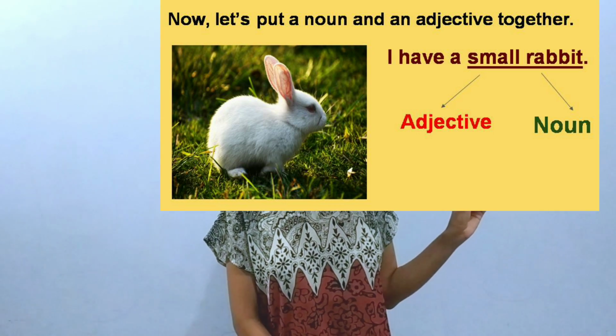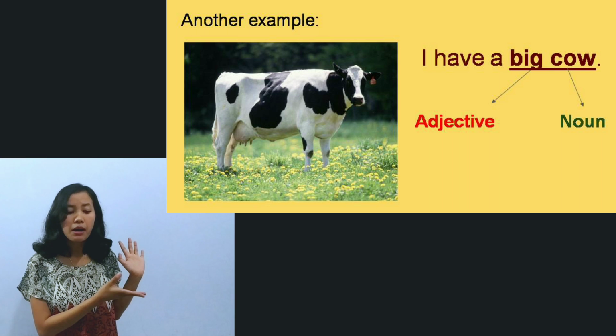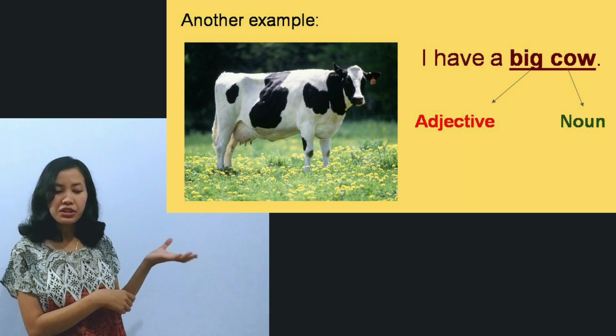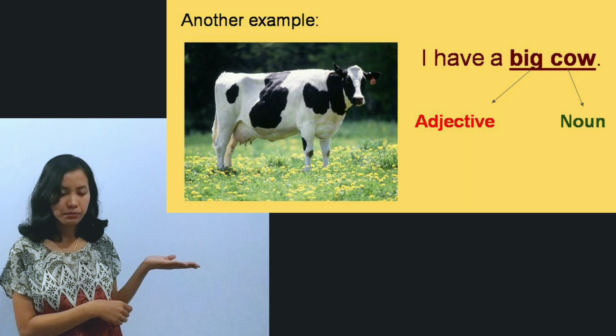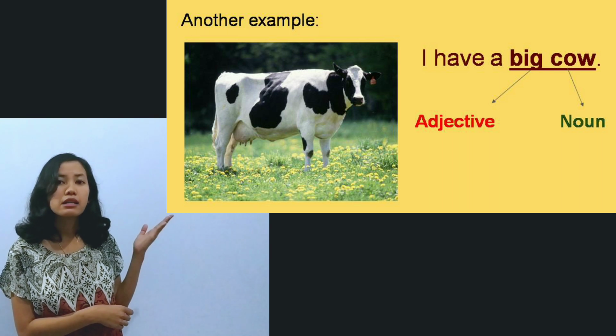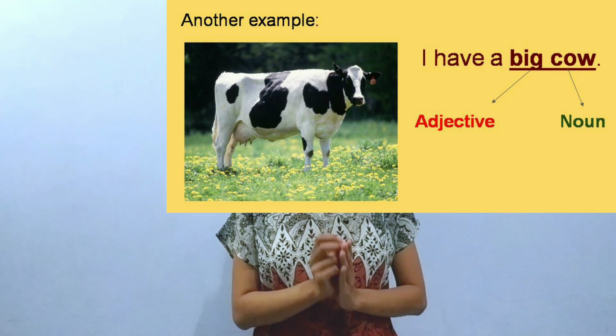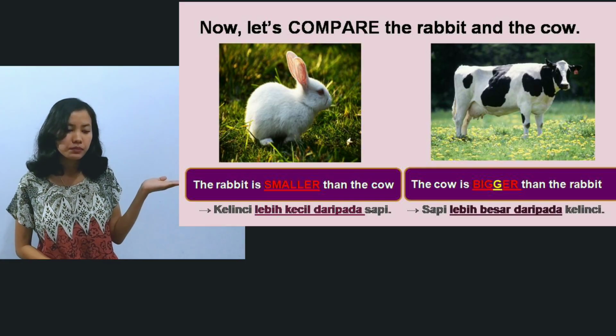The second example is, you can look at this picture. I have a big cow. Big here is an adjective, kata sifatnya, and cow is a noun. Jadi cow di sini kata bendanya. Now we will compare two animals. We have rabbit and cow.